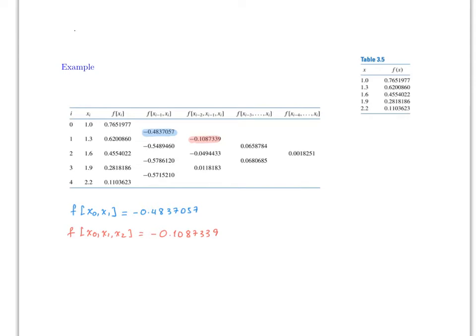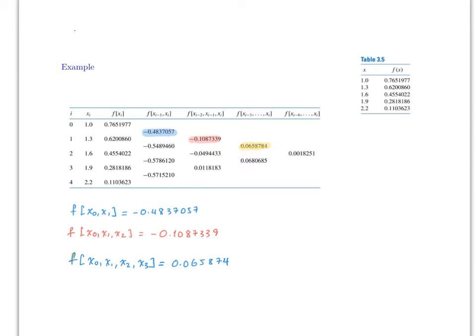So this one is equal to f of x0, x1, x2, and x3, and that will give you 0.065874. Again, you should check this just using the same formulas and the same method that you used in the previous example.